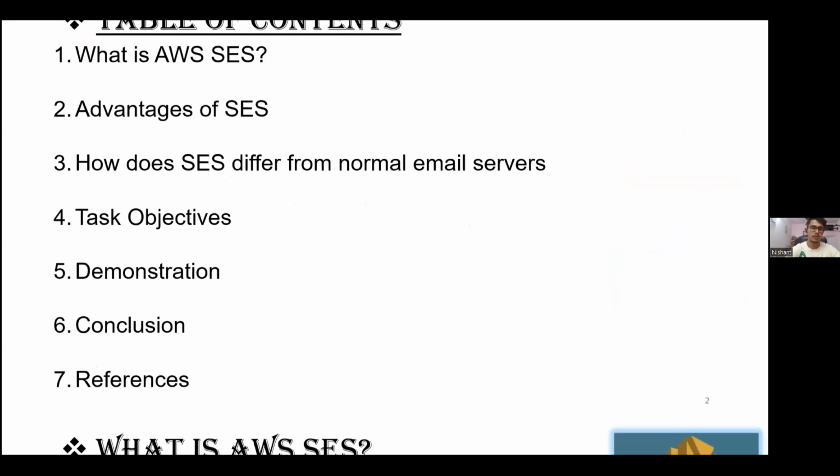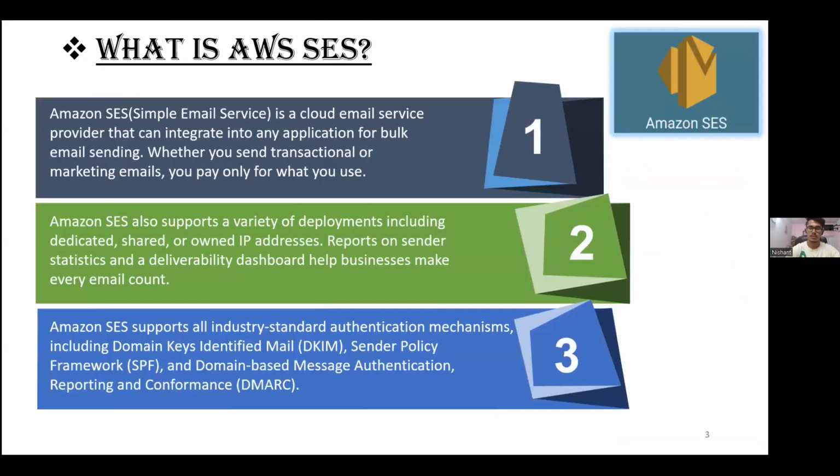So, what is Amazon AWS SES? Amazon SES is a cloud email service provider that can integrate into any application for bulk email sending. Whether you send a transactional or a marketing email, you pay only for what you use. Amazon SES also supports a variety of deployments including dedicated, shared, or owned IP addresses.